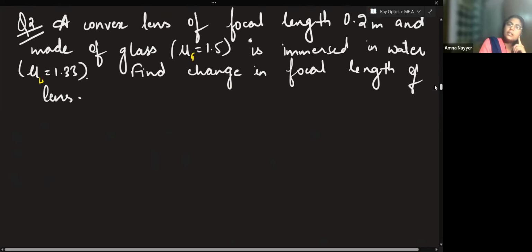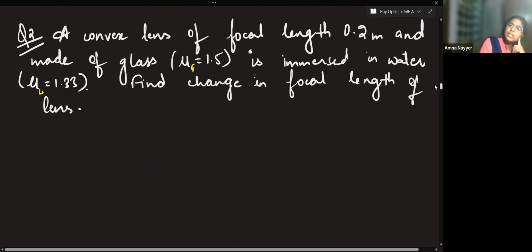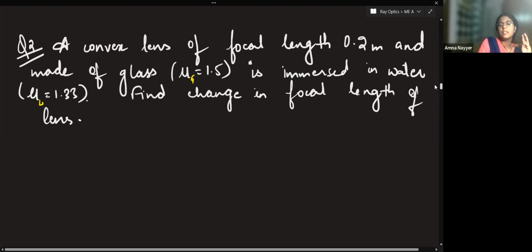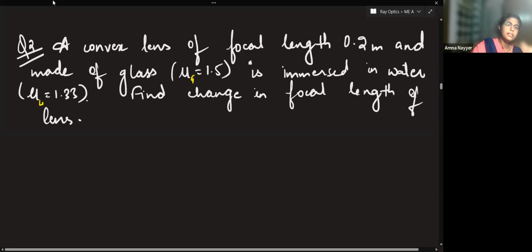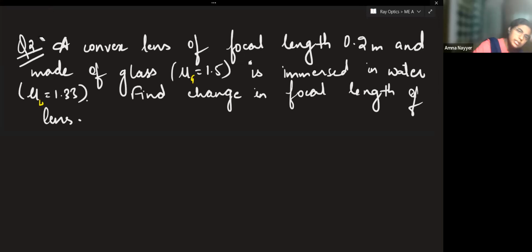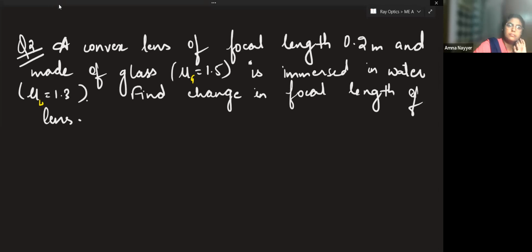This question says that a convex lens of focal length, how much is the lens given? 0.2 meters, made up of glass, is immersed into a liquid, and the refractive index of the liquid, or what we know the liquid, that is water, is 1.33. Actually, this is 1.3 only in the question.